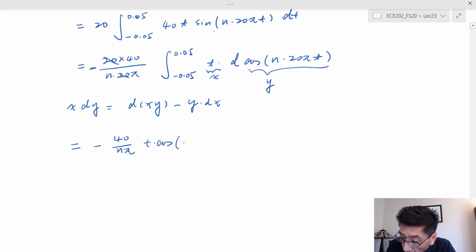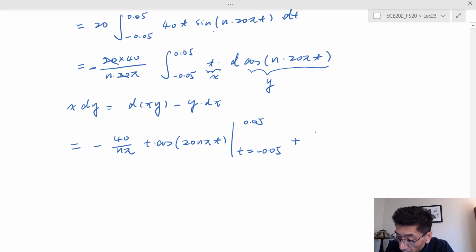Let's see, just use 20 n pi t, and we evaluate the t at the lower limit equal to negative 0.05, and the upper limit is 0.05. And then we'll have the minus xy, because I have another negative sign, so I'm going to plus here, plus y dx.